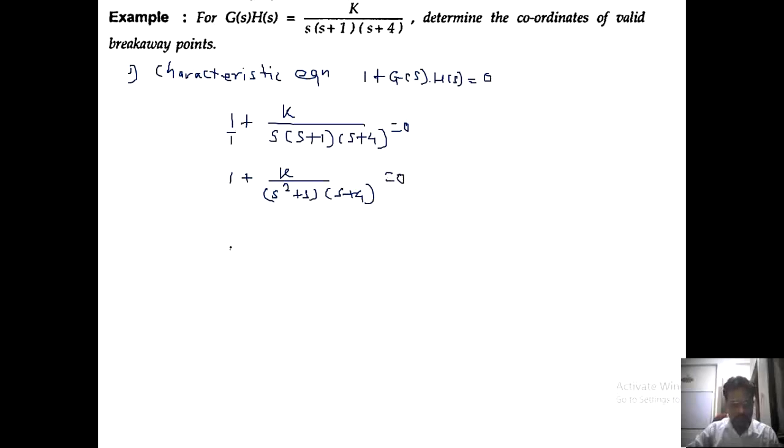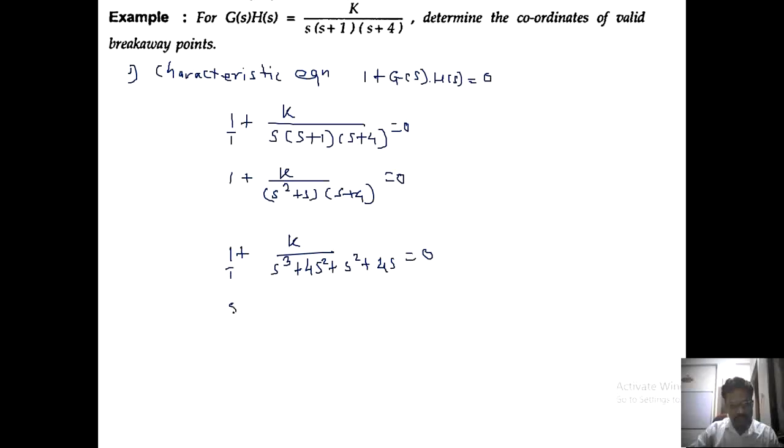So 1 plus k by s cube plus 4s square plus s square plus 4s equal to 0. Now we'll do cross multiplication.